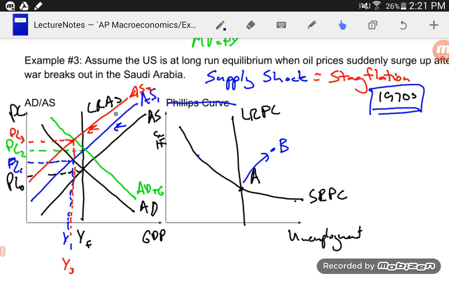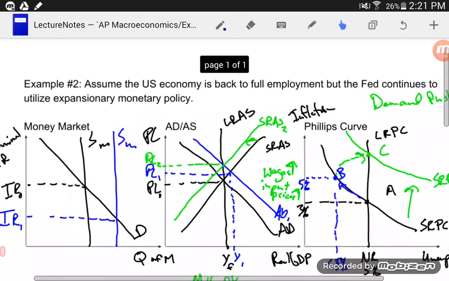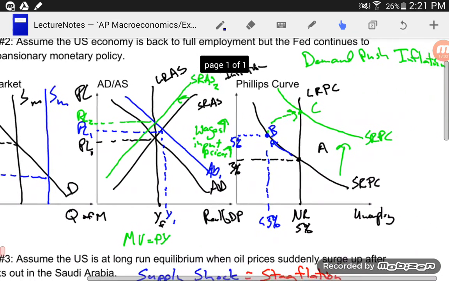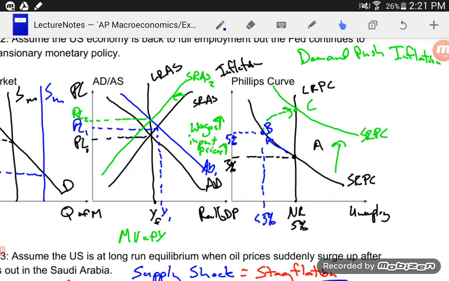That's that nasty graph there. And you should probably also know what that demand push inflation looks like, where your demand is pushing us above full employment, and eventually supply will shift back because of those higher wages and those higher input prices, bringing us back to full employment.